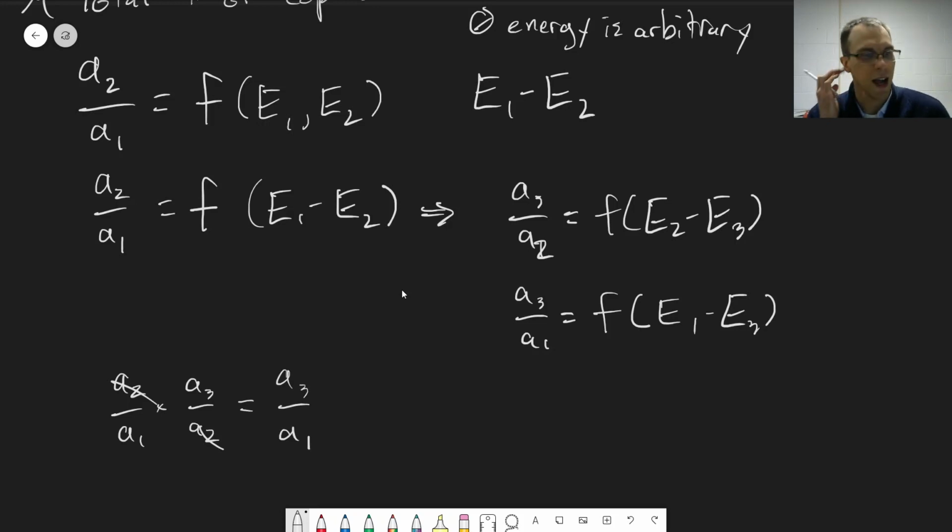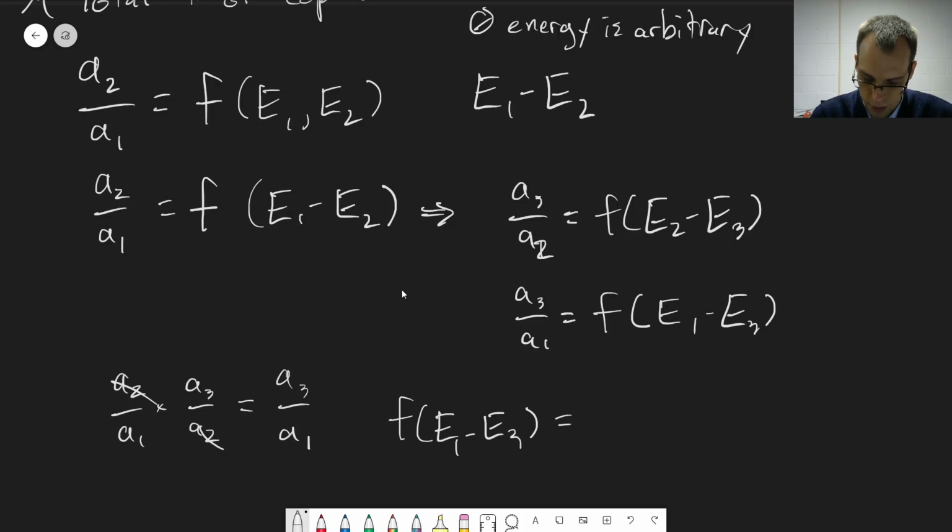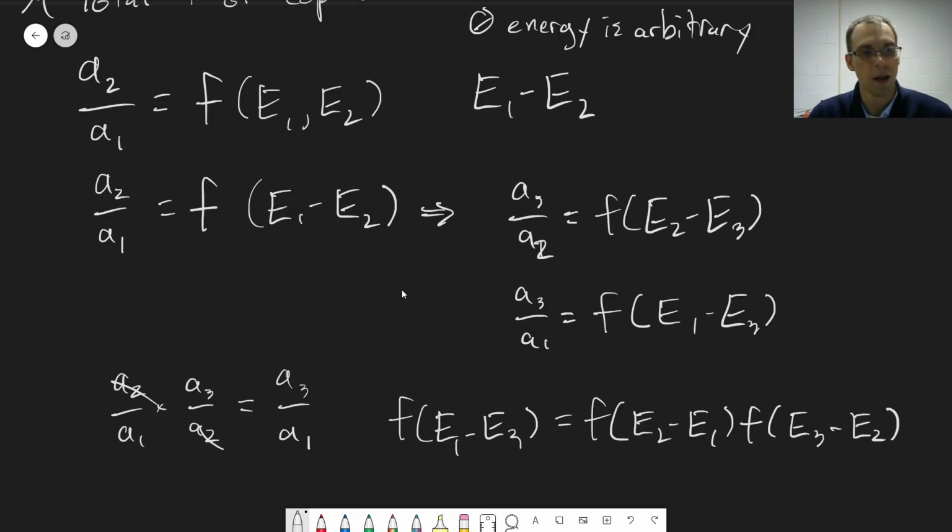So this function has to have the property that our function of E1 minus E3 is equal to our function of E2 minus E1 times the function of E3 minus E2. All right, this is all pretty abstract, pretty mathematical, but we're getting to the punchline.